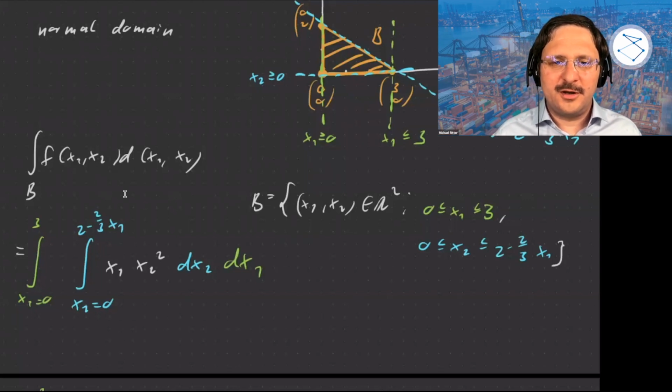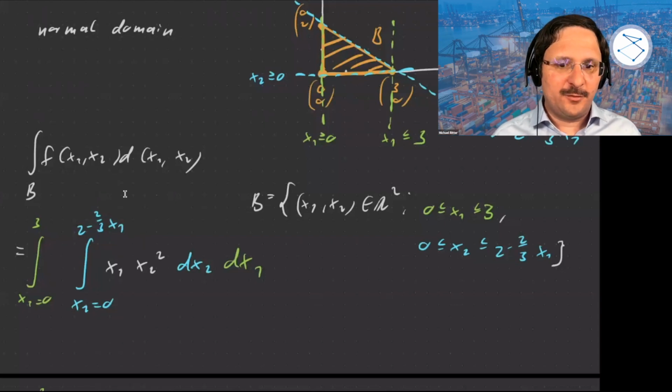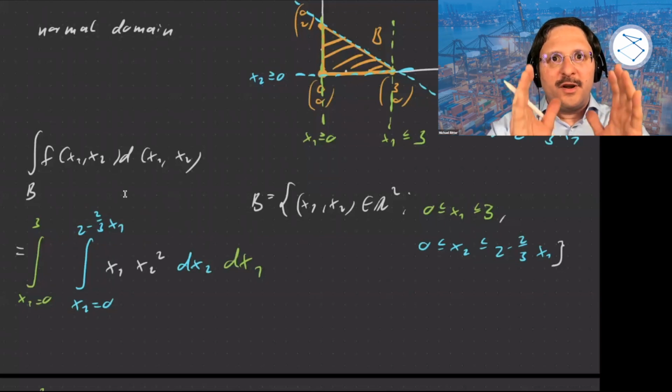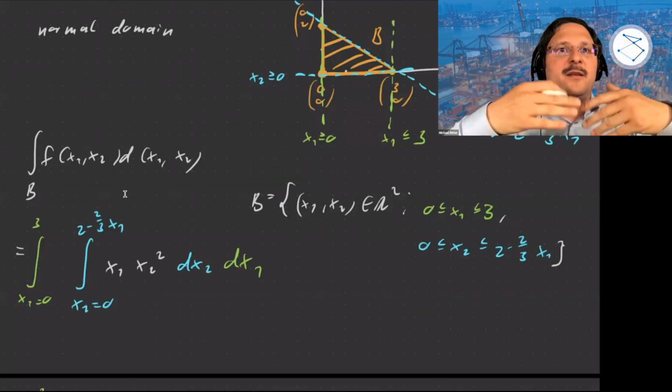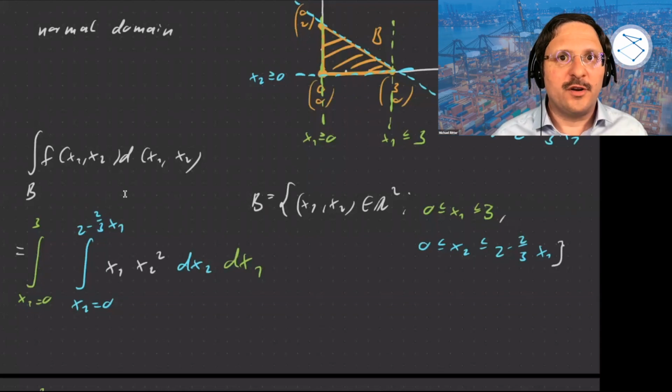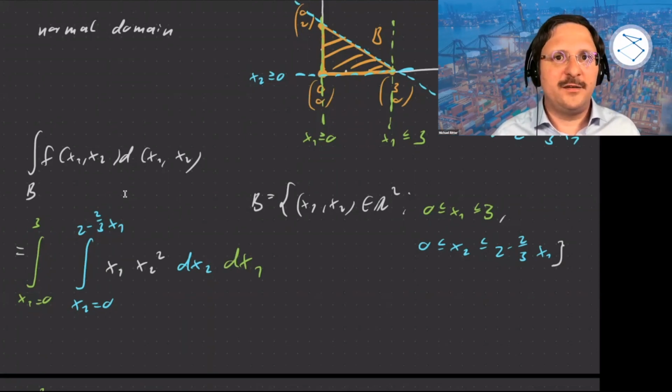What we did is we defined the volume of a certain domain as the integral of the constant function 1 over this domain. Basically, we take the domain, put a cylinder on top of that domain up to the level 1, and then the volume of this is the integral of the function 1 over this domain. So that's the definition of the volume of a certain set.